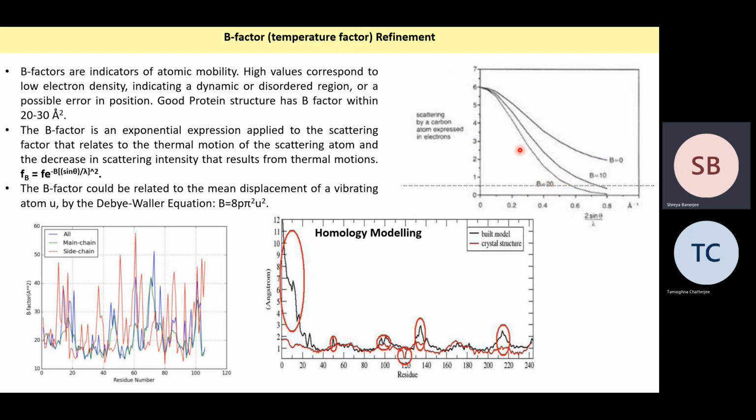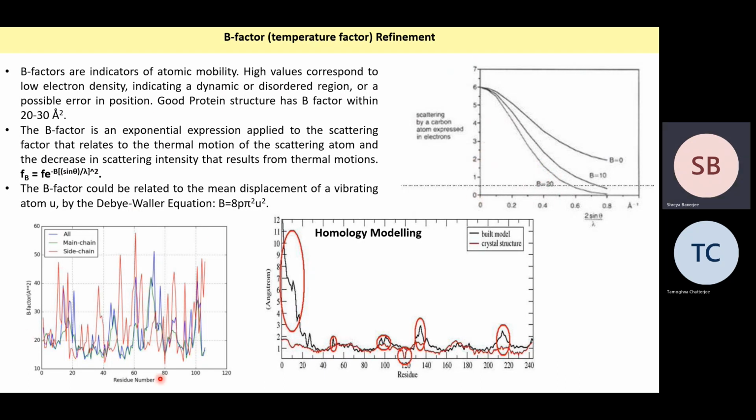If you consider a certain value, say 0.4, you can see that at 0.4, the scattering is minimum when B is 20. Scattering increases for B10 and scattering is maximum for B0. So with increase in mobility of the system or increase in B factor, the scattering is decreasing.